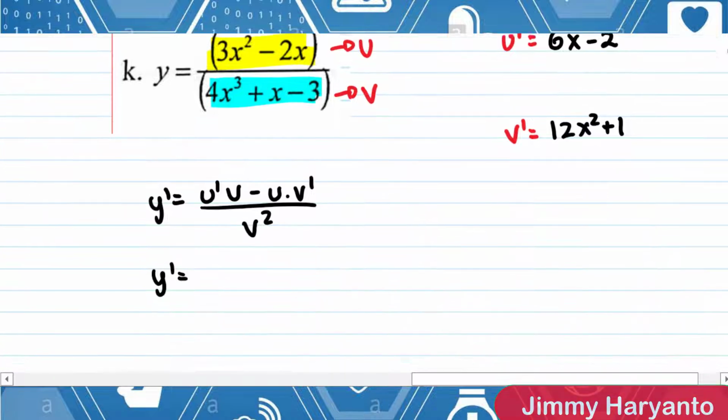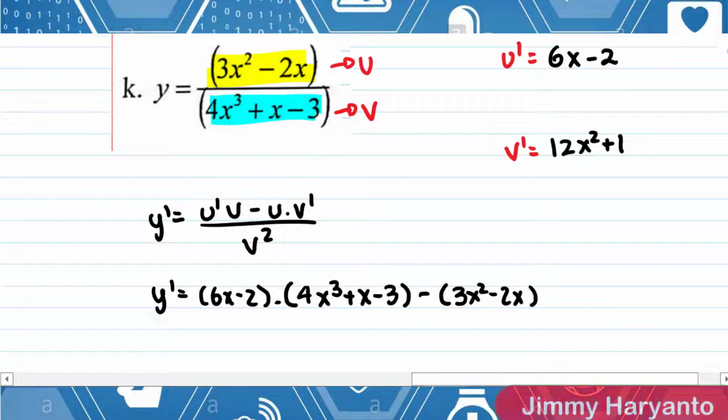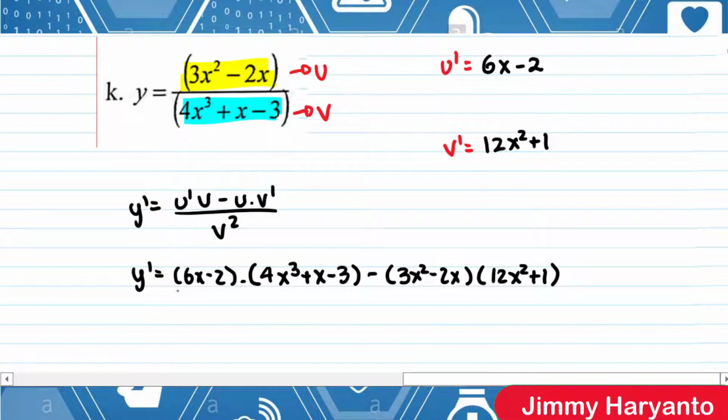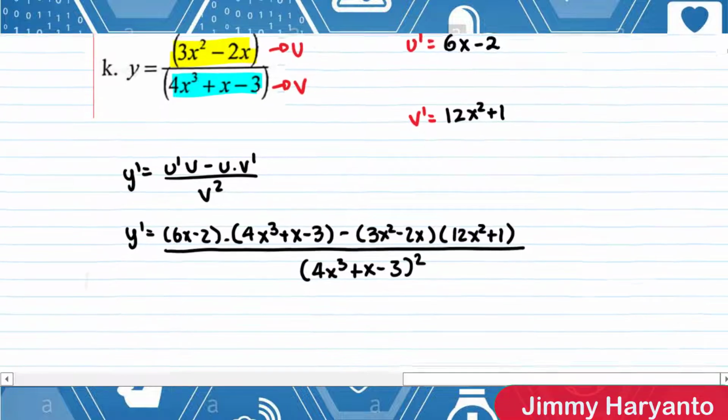And y accent equals u accent first, 6x minus 2, times the v, 4x cubed plus x minus 3, minus the u, 3x squared minus 2x, times the v accent, 12x squared plus 1. There you go. And then after that divide by v squared, 4x cubed plus x minus 3 squared.